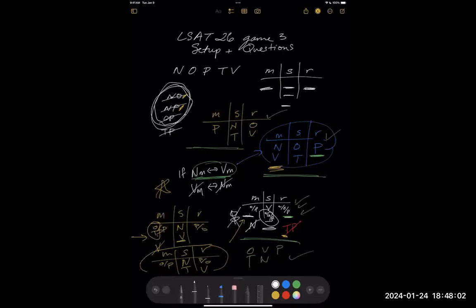We still need to separate N, O, and P, but we also need to separate P and T. So yeah, we're not going to be able to put P in group S. P is not going to be able to go to the soccer game because the only player that P could go to the soccer game with is V, and there wouldn't be like a third player that could be added to that list.